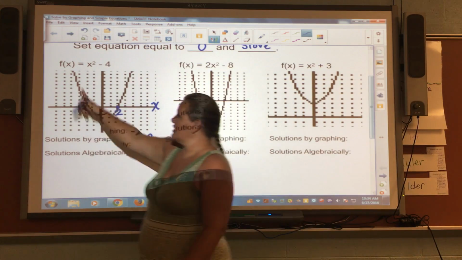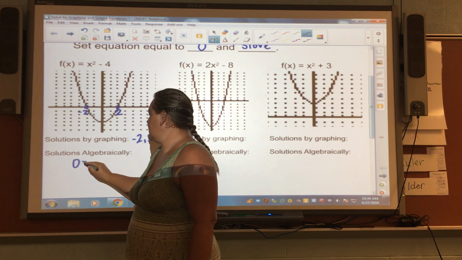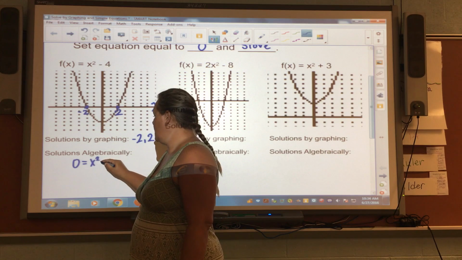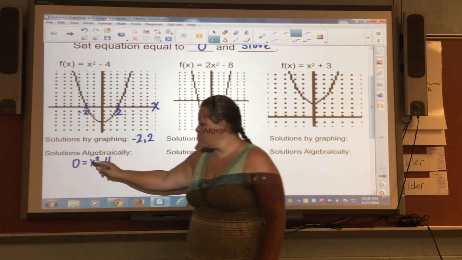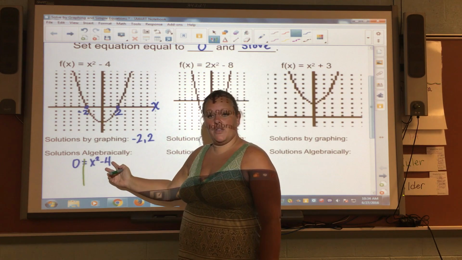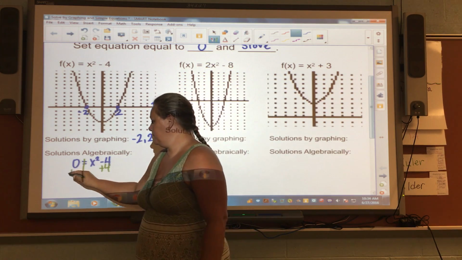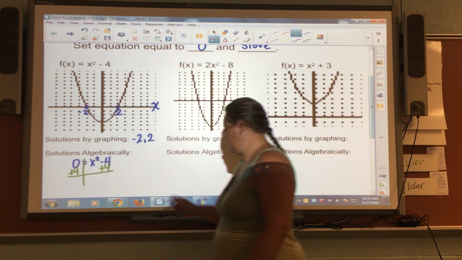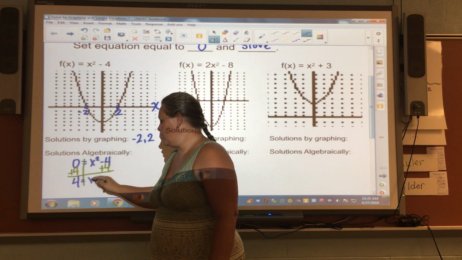Instead of f of x, I'm going to replace that with 0 is equal to x squared minus 4. So when we solve this equation, the opposite of subtracting is to add 4, and I get 4 is equal to x squared.